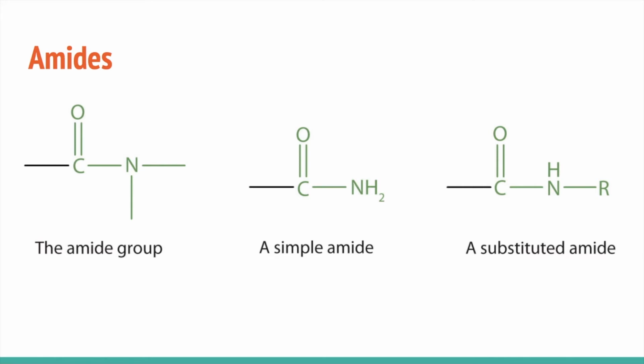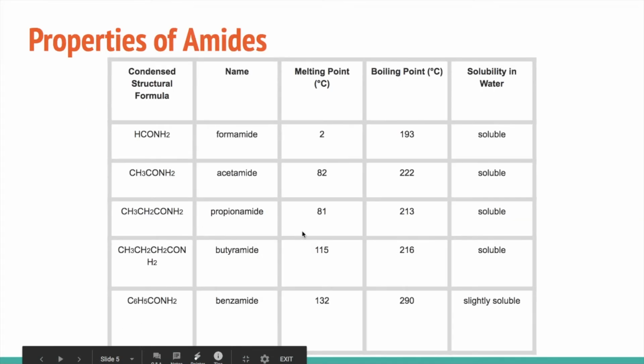Most simple amides, except for formamide, are solids at room temperature and are usually water soluble. So again, this is because of their NH bonds, which have a relatively high dipole-dipole interaction with other molecules, creating really strong intermolecular forces.